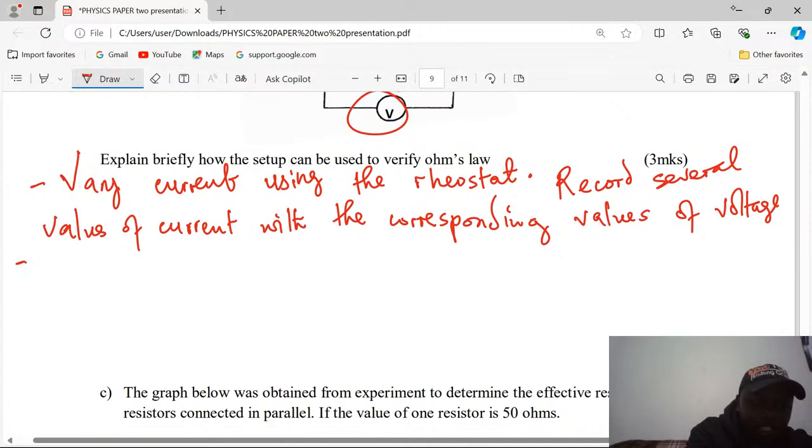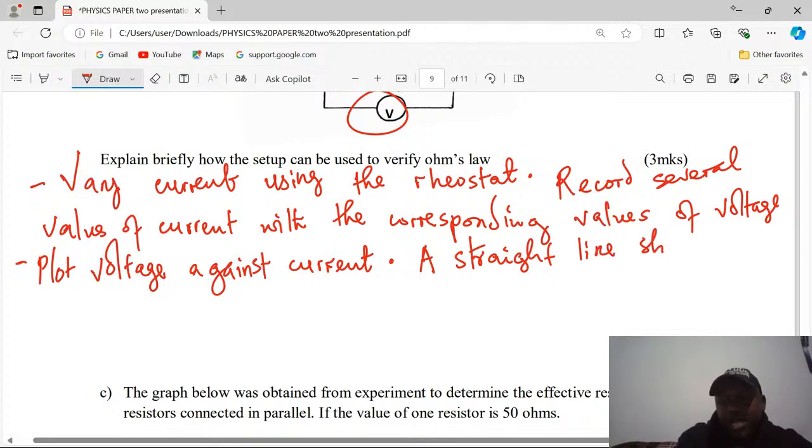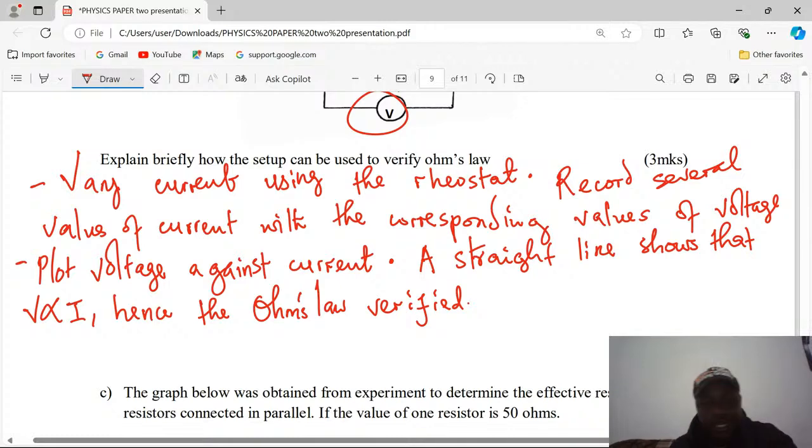Now graph or plot voltage against current, and you say a straight line graph shows that voltage is directly proportional to current, hence Ohm's law is verified.